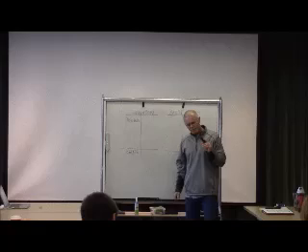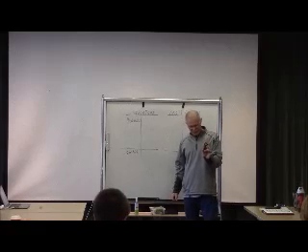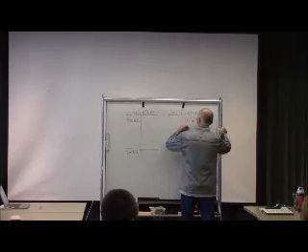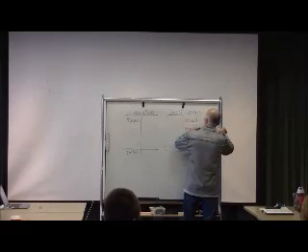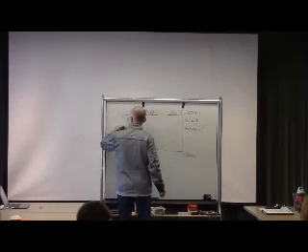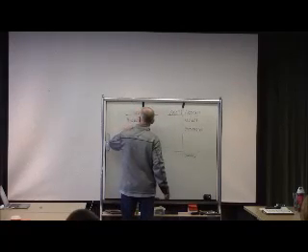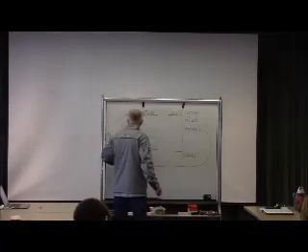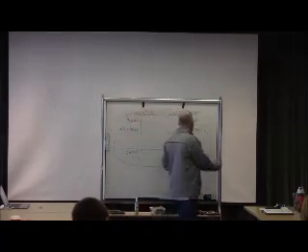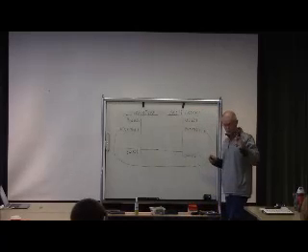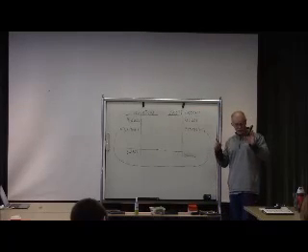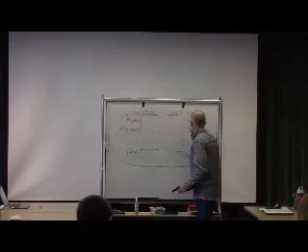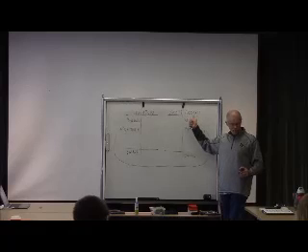So when a company buys goods on account, see this right here is what ties those two accounts together. When you purchase inventory on account, inventory goes up and accounts payable goes up.